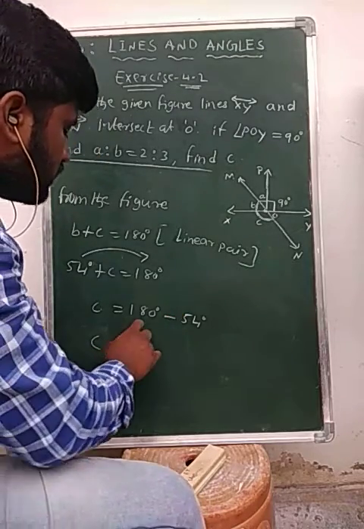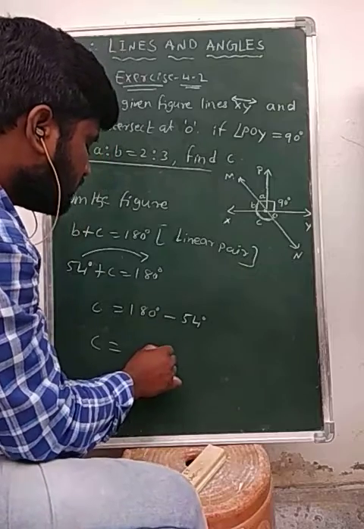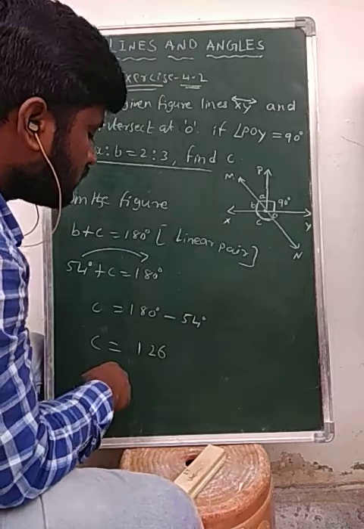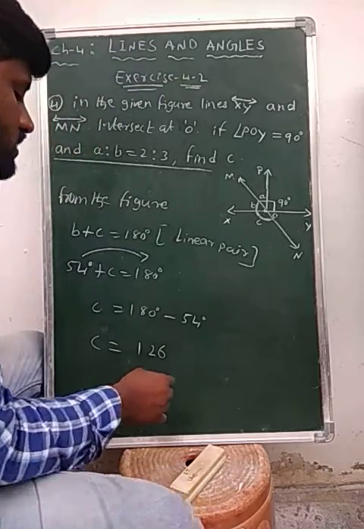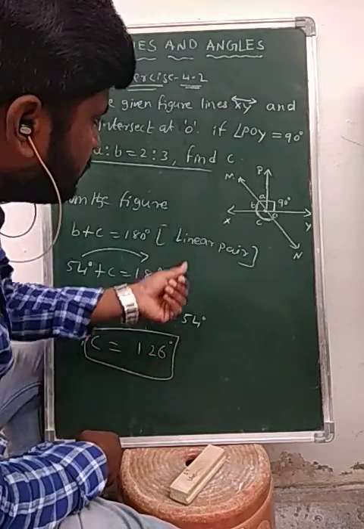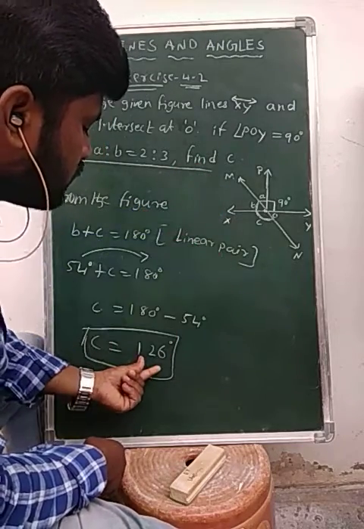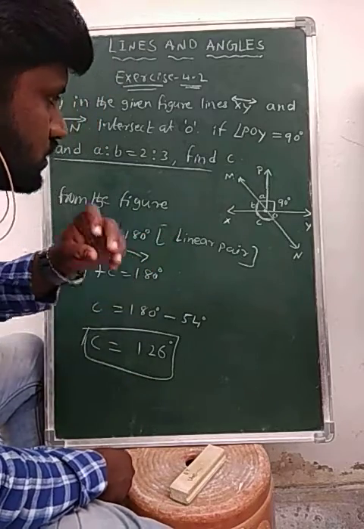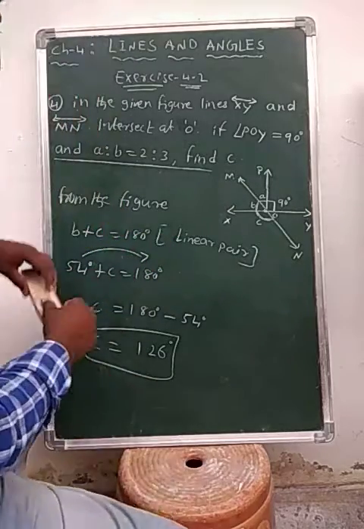So then C is equal to 180 minus 54, that is 126 degrees. Okay? Angle C, the value of C, is 126 degrees. This is the required answer for this question. Now see one more question.